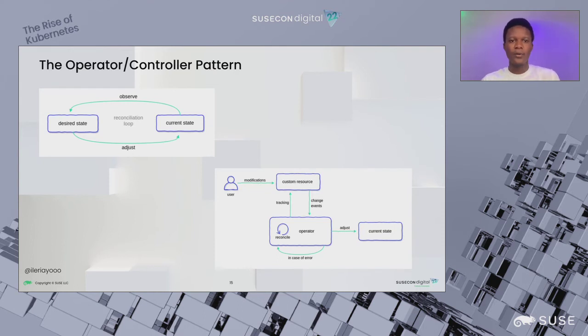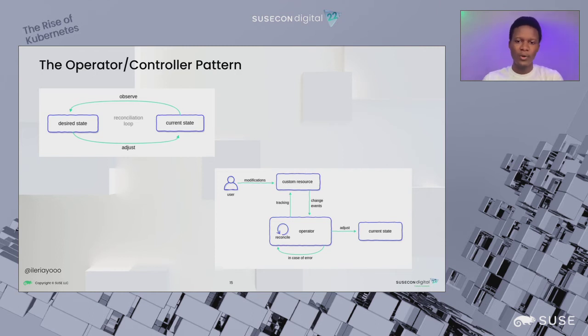There could be memory problems, there could be CPU compute problems, or just something could go wrong that would make your state diverge from the desired state. So Kubernetes keeps checking, and whenever it sees that divergence, it tries to bring it back to the desired state. So that's the control loop, and that's the image on the left here.